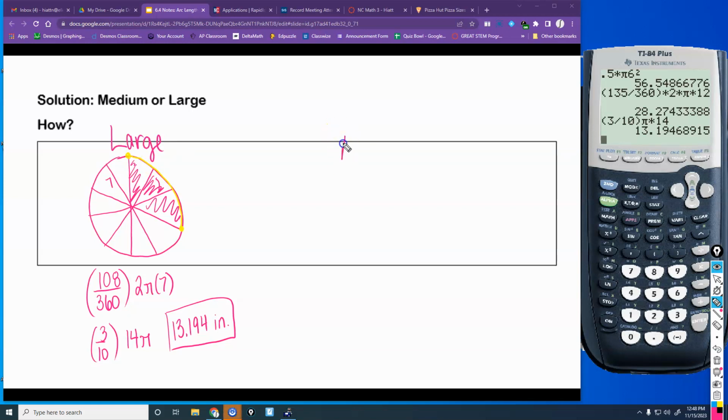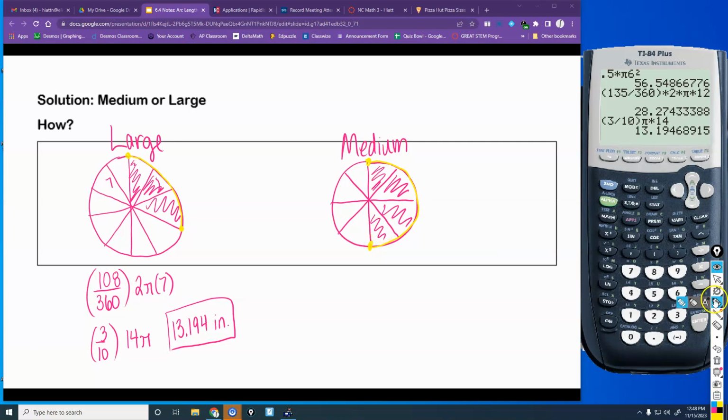Okay, medium. We're going to have our pizza. It is split into 8 pieces. We are going to get 4 pieces. And we only care about the crust here.